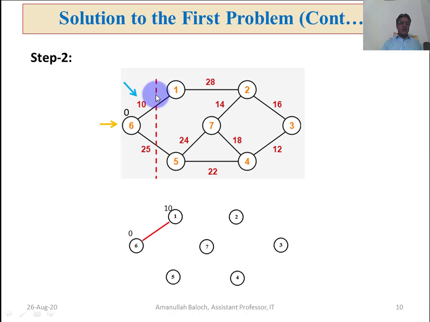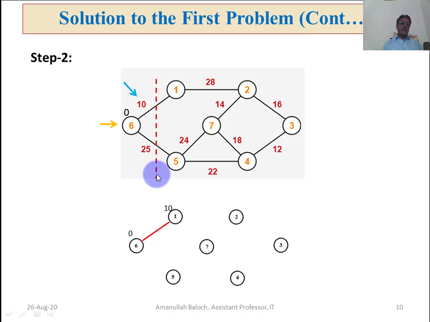Here we will make a cutting lane which will cut all the edges of the adjacent nodes. 1 is adjacent to 6 and 5 is adjacent to 6. So these are two edges which we will cut with this lane.